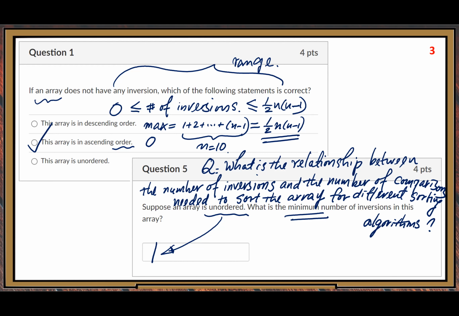So that's the reason we need to consider different sorting algorithms: insertion sort, selection sort, bubble sort, merge sort. We have learned these 4 sorting algorithms, and the relationships in these 4 sorting algorithms could be different.